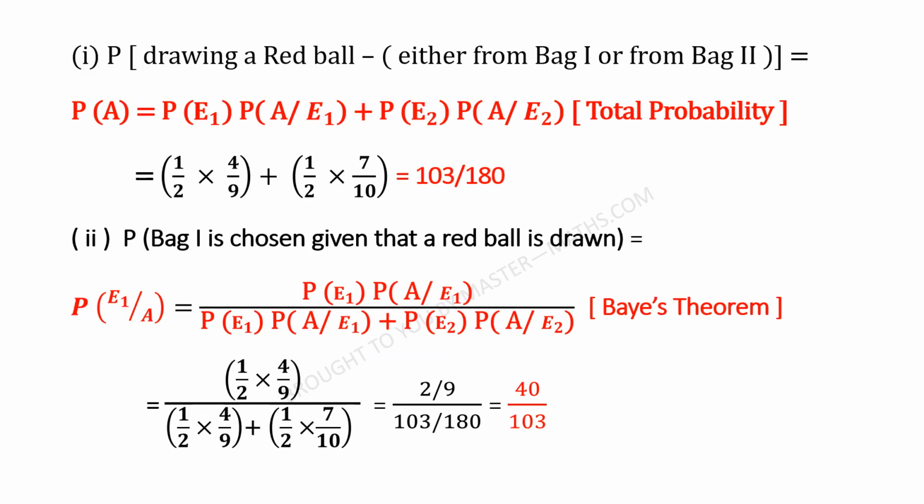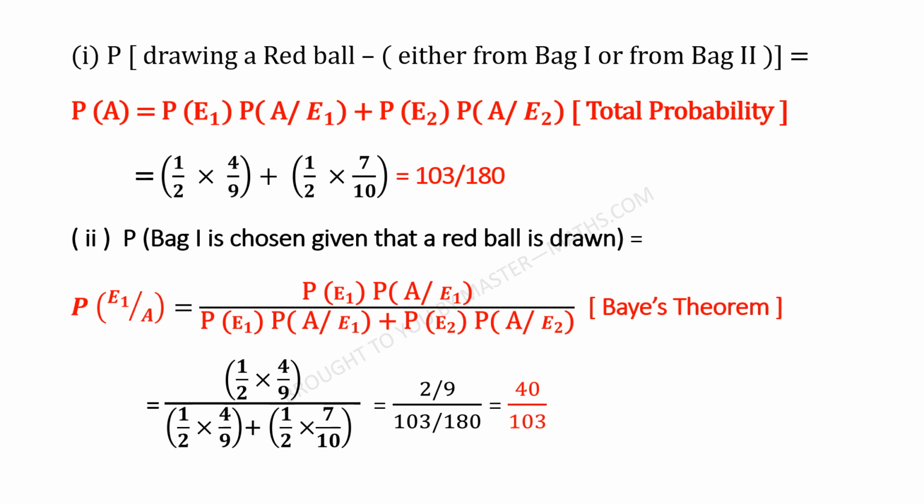Subdivision 1. Find the probability of drawing a red ball. That is, you want to find the probability of A happening. A is drawing a red ball. It can be either from bag 1 or from bag 2. You can choose bag 1 and choose a red ball, or you can choose bag 2 and choose a red ball. So, you are considering all the options or all the possibilities.